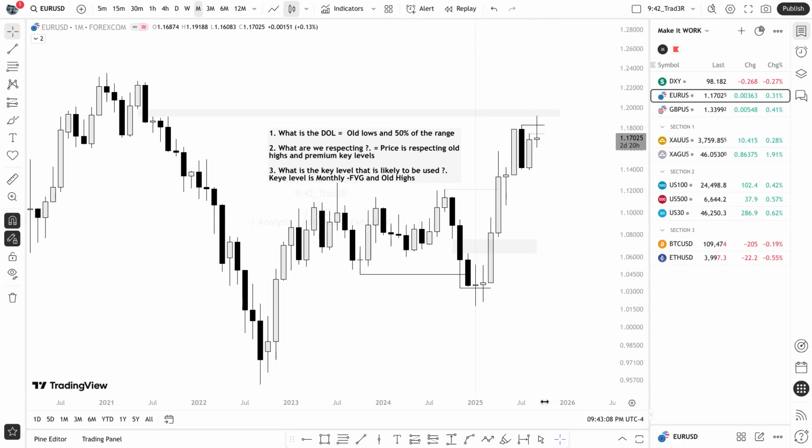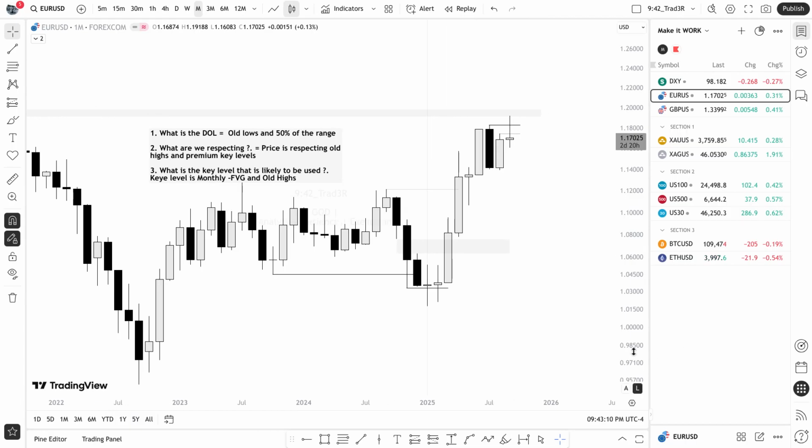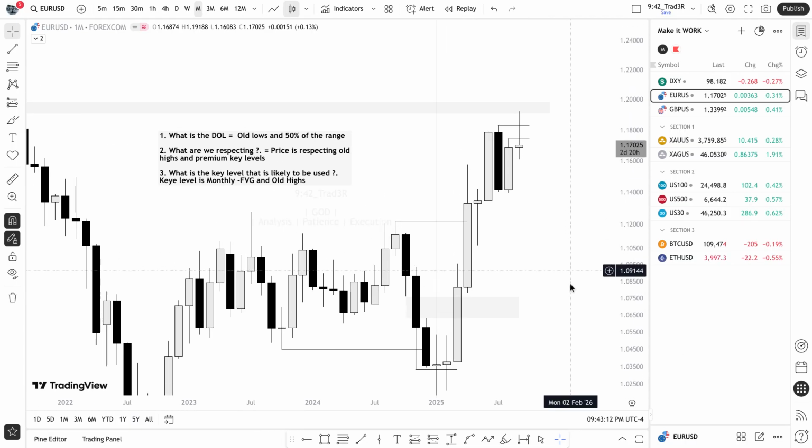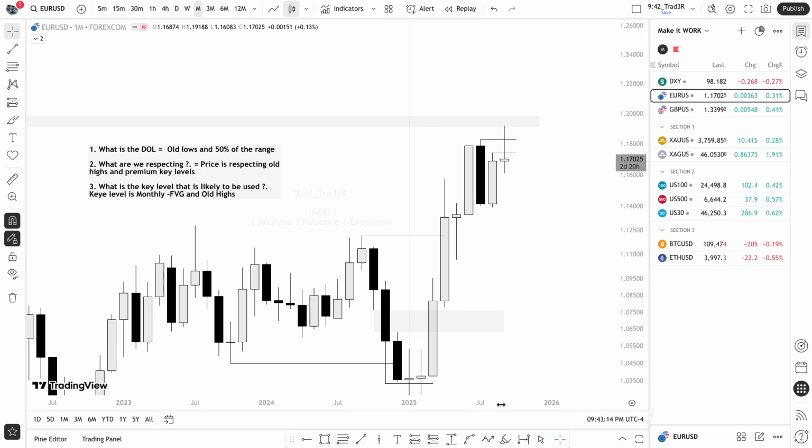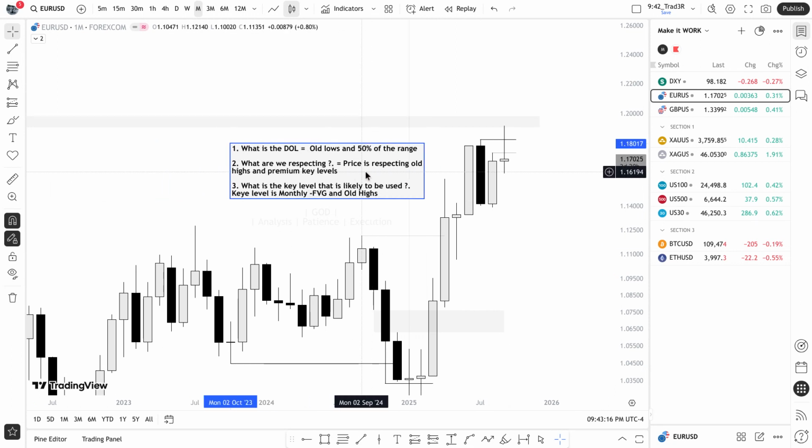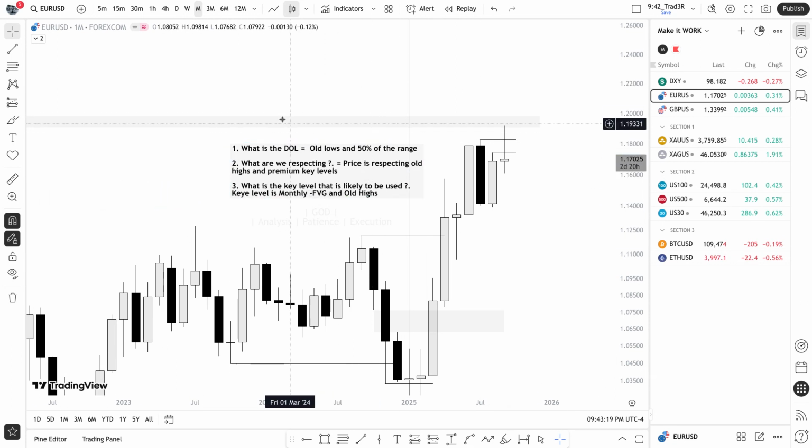So once you're able to answer these three questions on the higher time frame, then and only then can we go to the lower time frame to frame a trade idea using these three questions you've answered as your foundation.